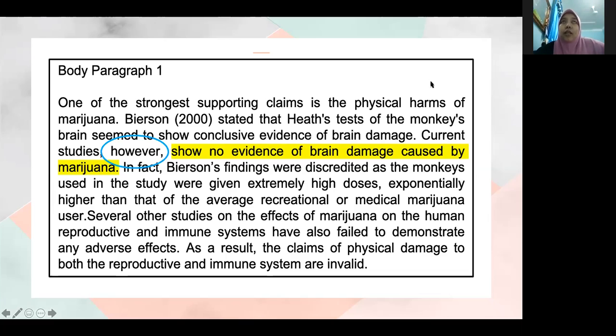And it asks us to circle the transition signal of contrast. As I presented just now, there are a few types of transition signals of contrast. I found that however is the transition signal of contrast in this body paragraph 1. So next slide.